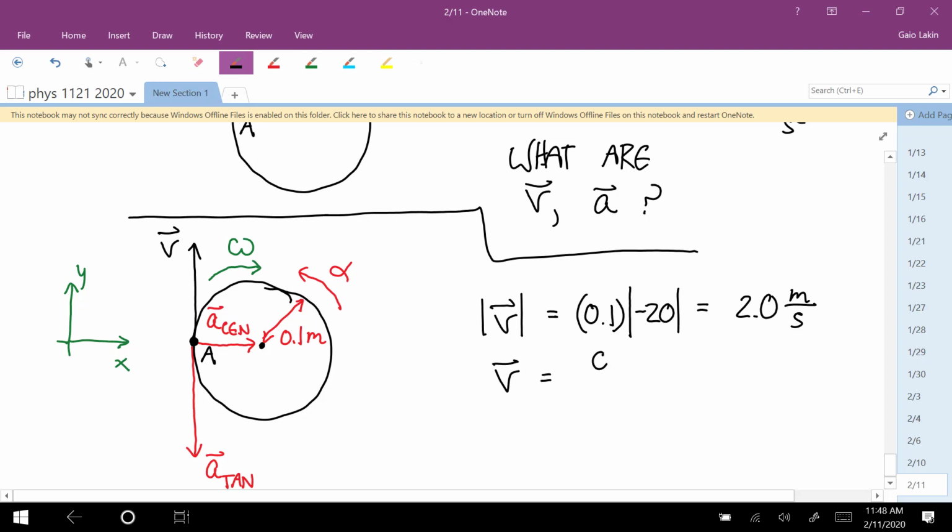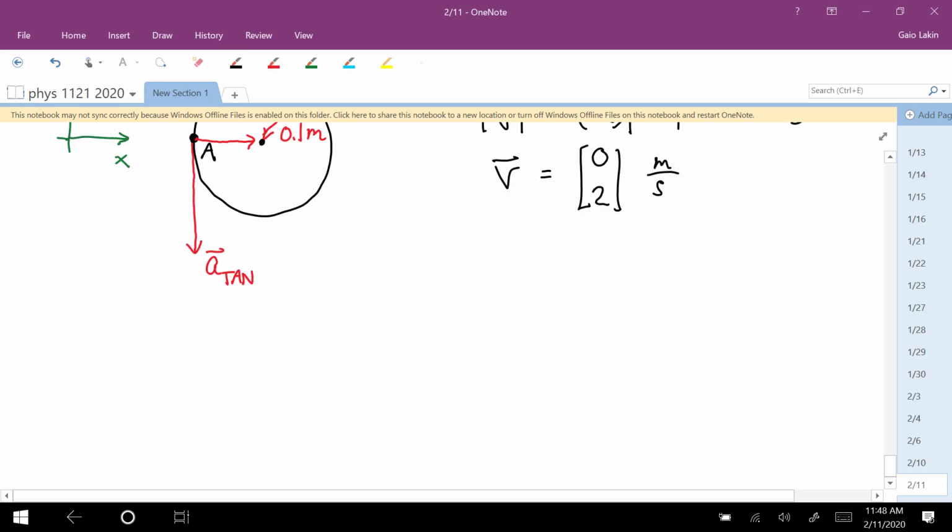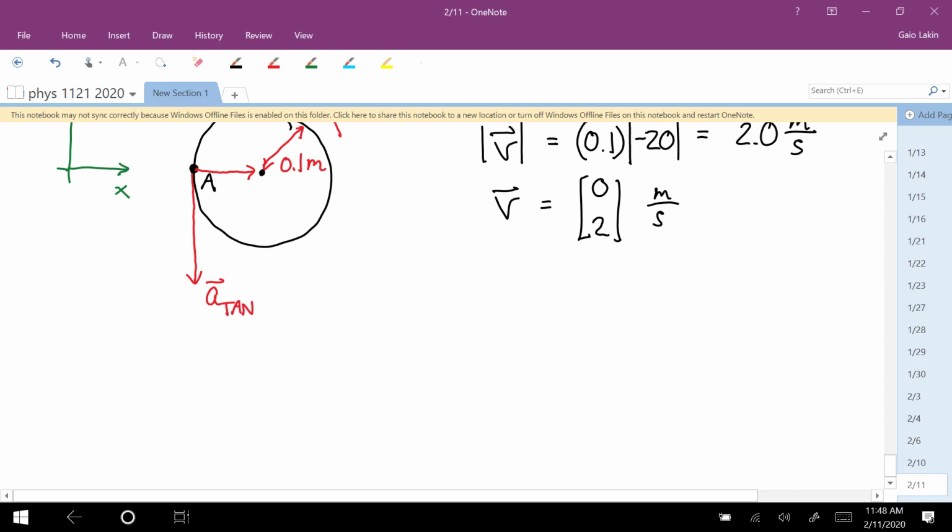So that means this has to be 0, positive 2. This is radians per second, but the radius is meters. And so when you multiply them together, you get meters radians per second, and the radians are not really a unit, so meters per second for the velocity.